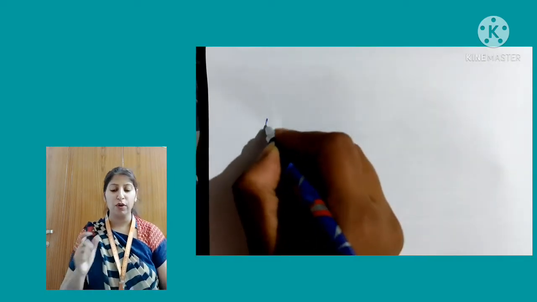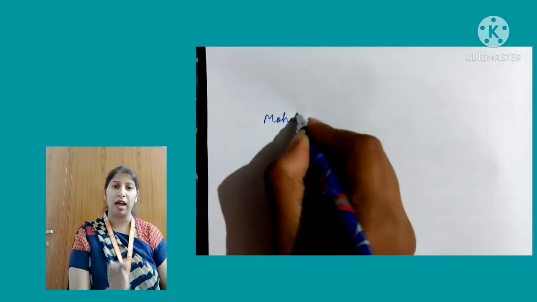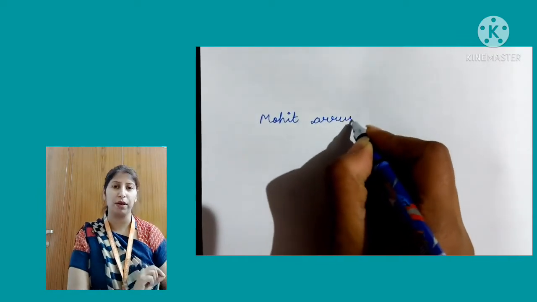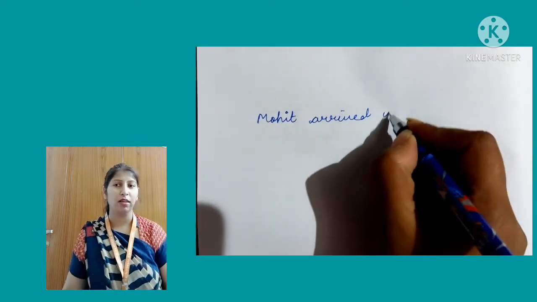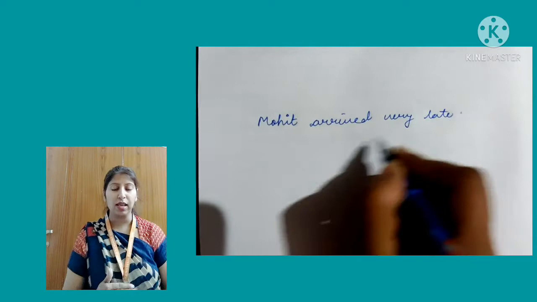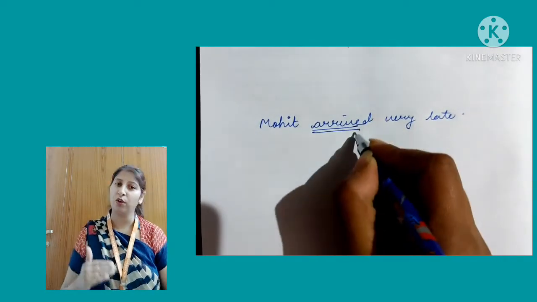In the same way, if the sentence is in past form, past form means the second form of the verb is used here. For example, Mohit arrived very late. So this is past simple tense, and no helping verb is there. In this case, we will use did not.